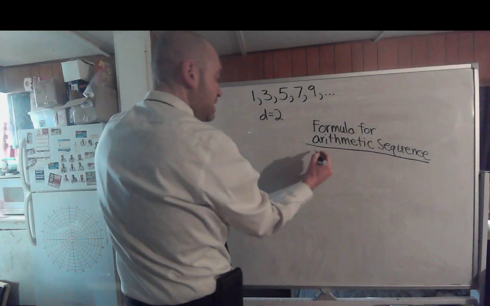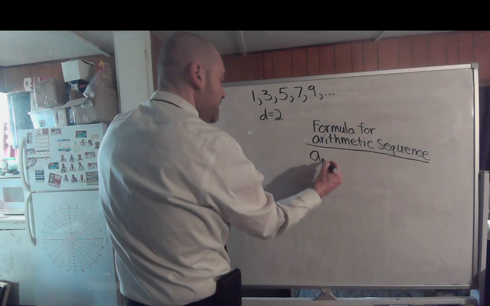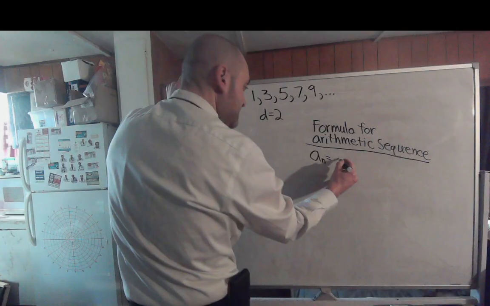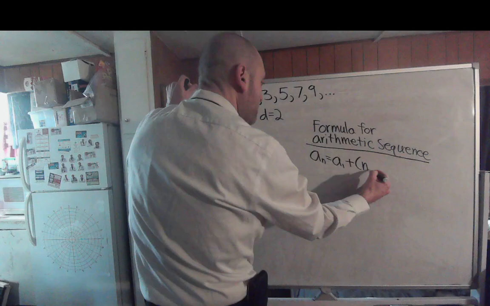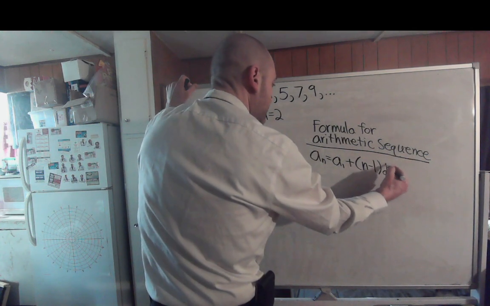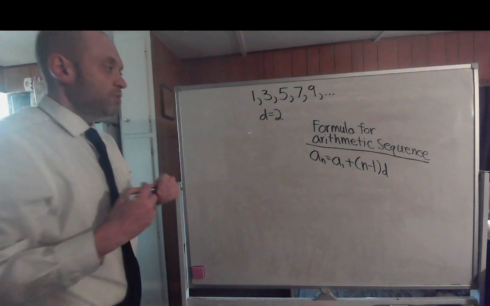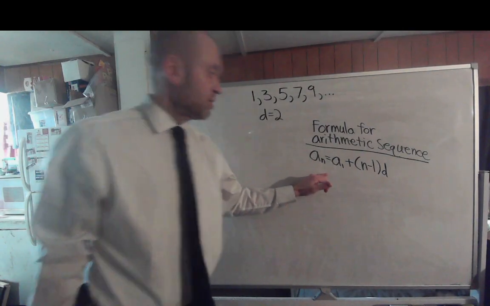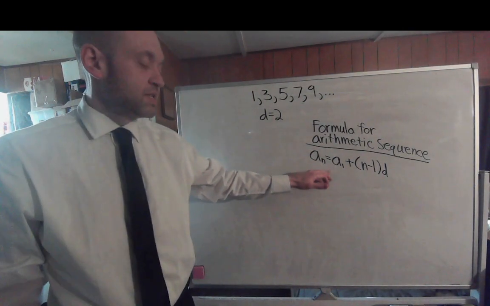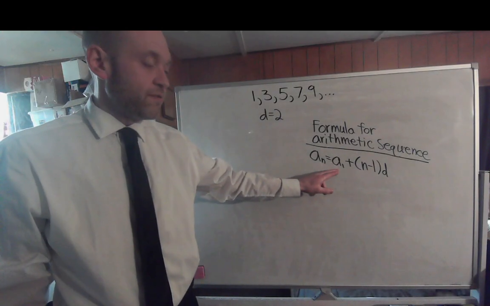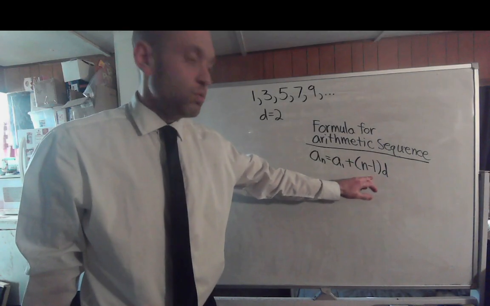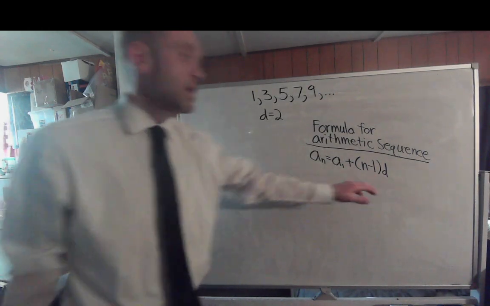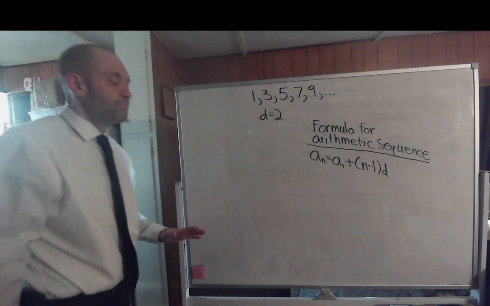It's going to be a sub n equals a sub 1 plus the quantity of n minus 1 times d. So the formula for finding the nth term of an arithmetic sequence is equal to your very first term plus the number of terms minus 1, all that times d, your common difference.